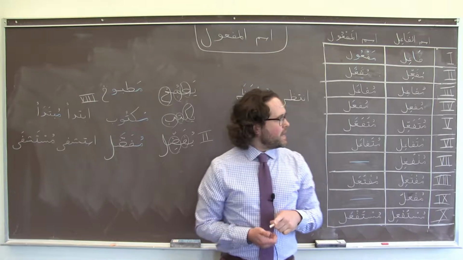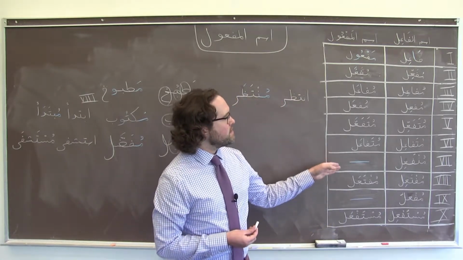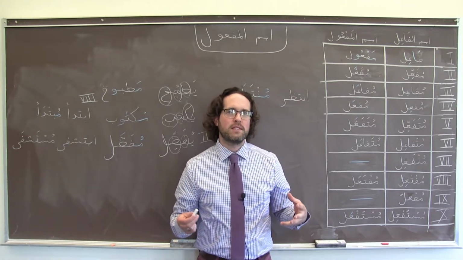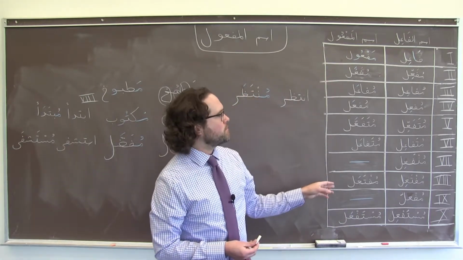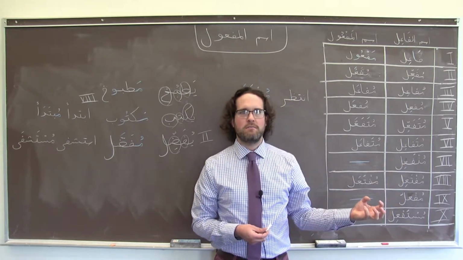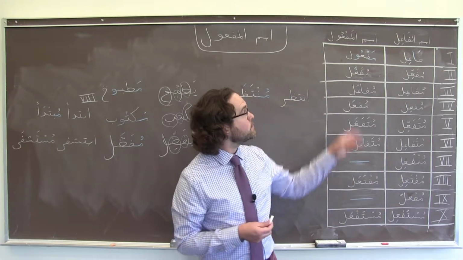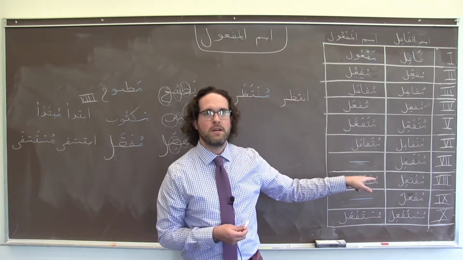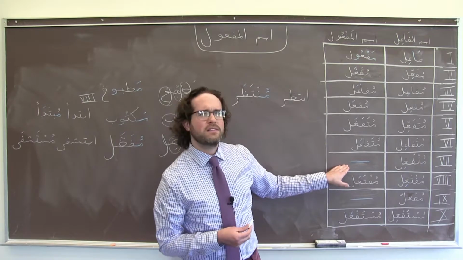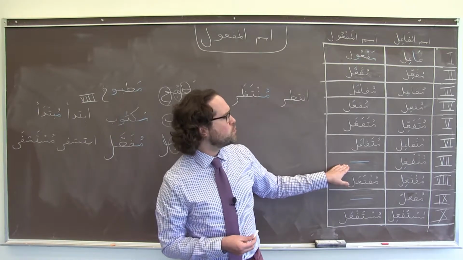Some awzan, because of the way that they affect the meaning of the judr, don't tend to create productive asma maf'ul. For example, form 7 is already passive by its very nature. We can take an active form 1 verb and make it passive by putting it into form 7. So we don't tend to see productive asma maf'ul in form 7.